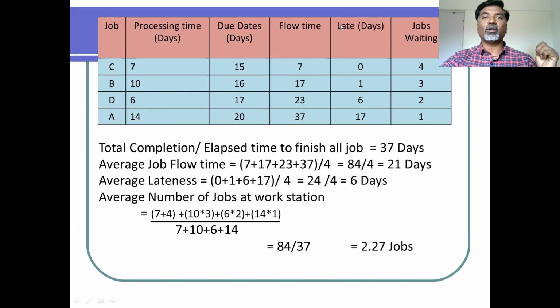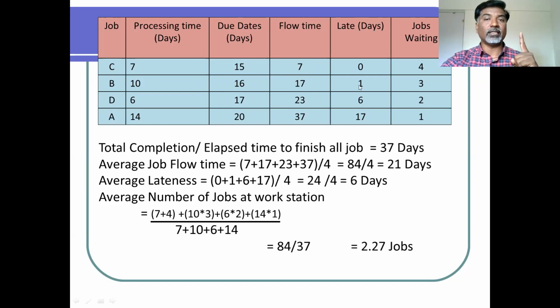Now we have to calculate late days. Job C's due date was 50 days, but we completed it within 7 days, so this job is not delayed. Delay is 0 here. Job B was expected to be submitted within 16 days, but to complete job B we need 17 days, so job B will be delayed by 1 day.